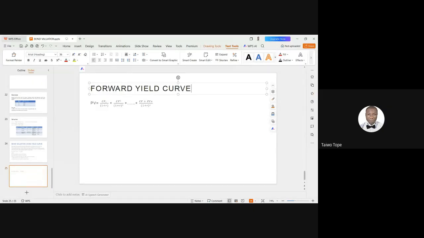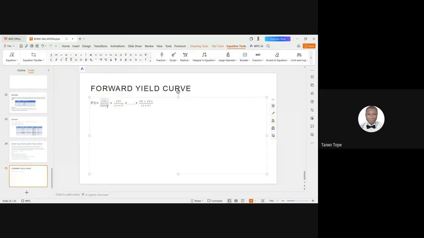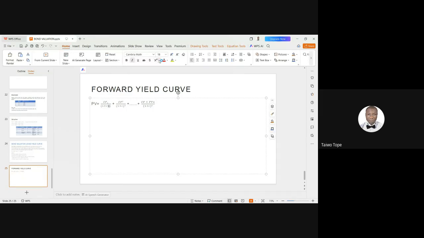So the formula will be this for year one. For period two, what I will do is put the period 1 in front of the R, for proper explanation. Let's make it superscript: 1 plus R, period 1.